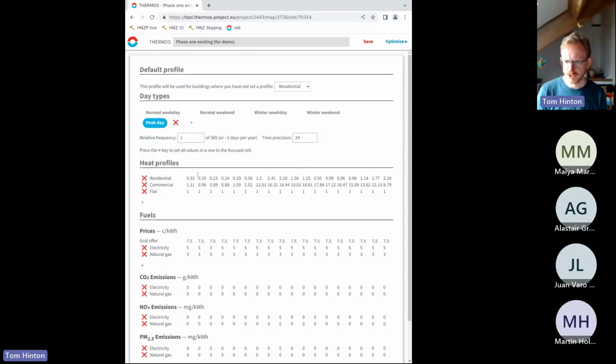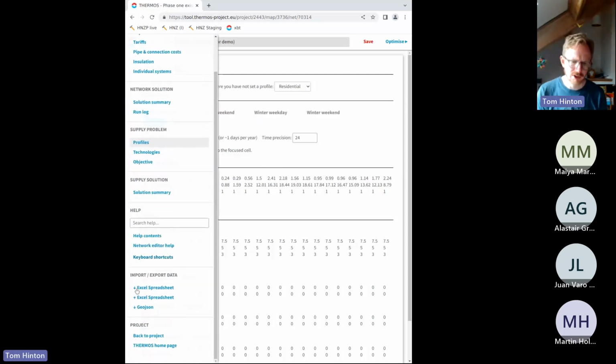And the profile is defined by these rows of numbers, which are dimensionless quantities. You could think of them in kilowatts, but all that really matters is their relative scale. So for this one, which is a peak day, the peak time is here, and it says 2.41. Every other piece of time in the year is going to be relative to this value.